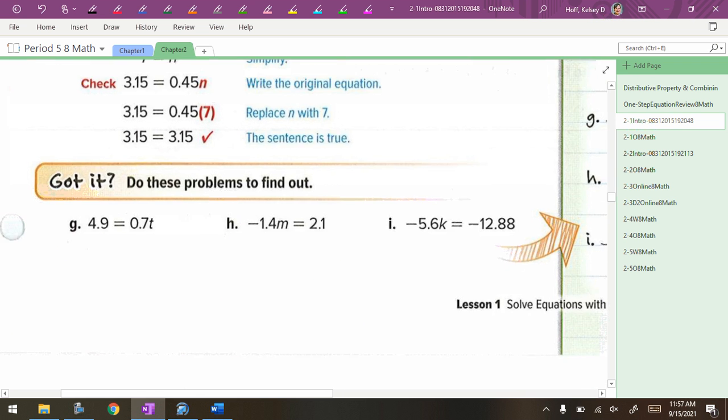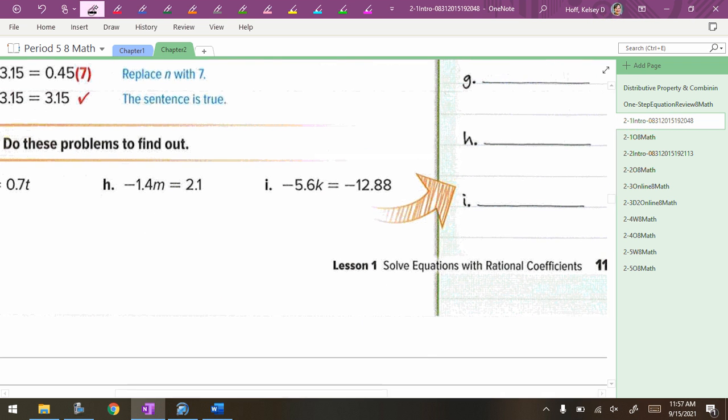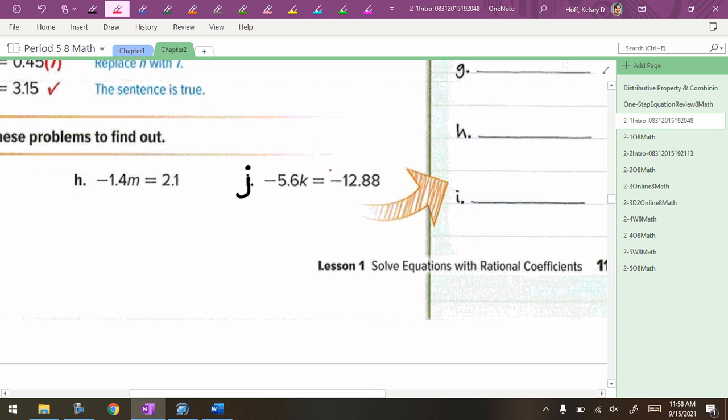Okay? Let's go down to, I think it's J on your guys' paper. Got it, J? Bottom right one? Negative 5.6k equals negative 12.88. Draw your line through your equal sign. Allison, what's my coefficient in this problem? Don't lose your negative.